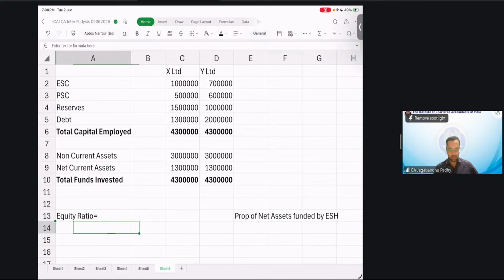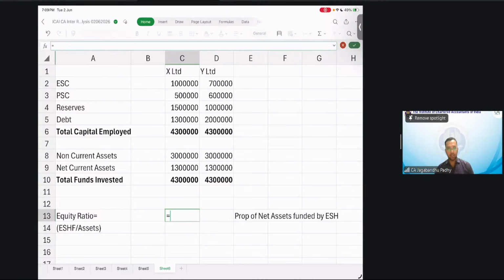So equity ratio is going to be calculated as equity shareholders' funds divided by the assets. So we can say equity shareholders' funds divided by assets.